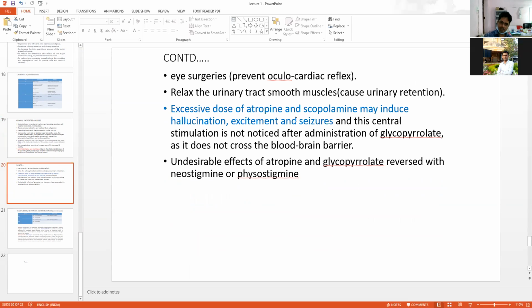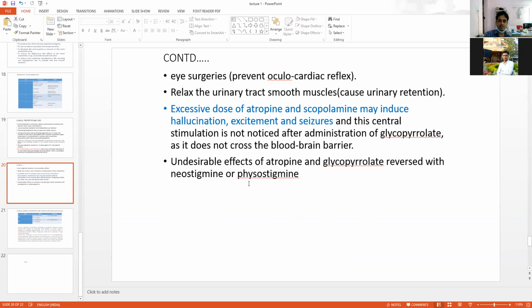And central stimulation is not noticed after administration of glycopyrrolate, as it does not cross the blood-brain barrier. This is a very important point, and this is the advantage of using glycopyrrolate over atropine. Sometimes atropine and glycopyrrolate have some deleterious effect.